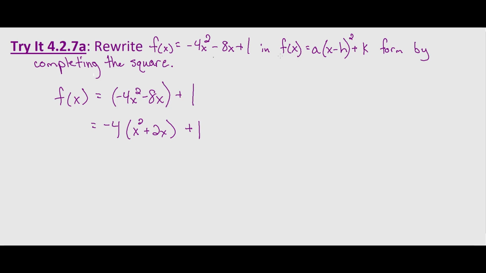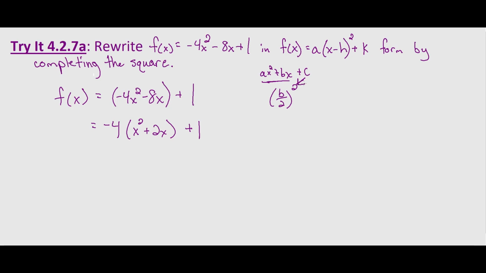Now, in order to complete the square with ax squared plus bx plus c, what we want to add, well, sorry, I guess I shouldn't have added that c. When we complete the square, what we want to do is b divided by 2, squared, and that's what we add as c when we complete the square.